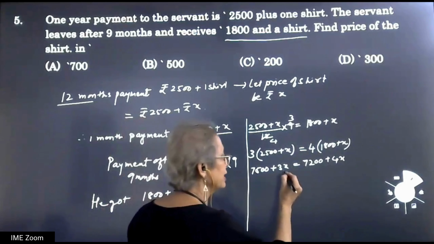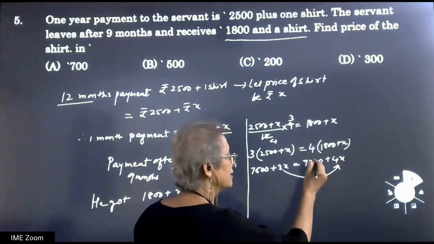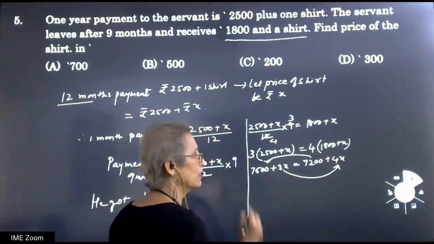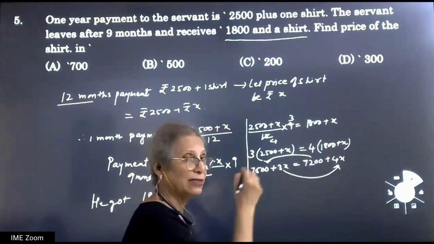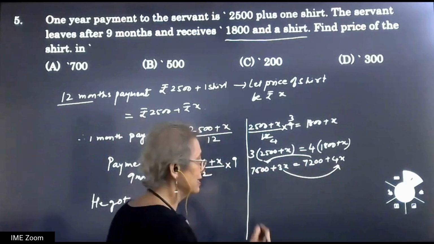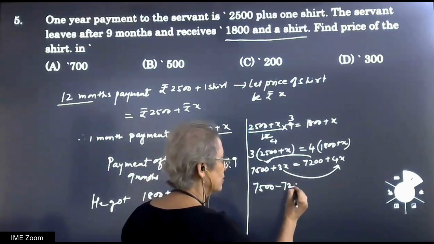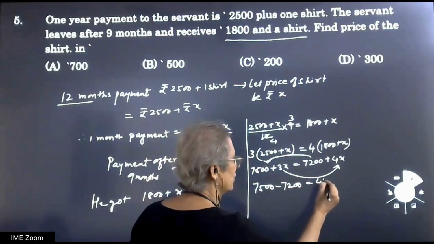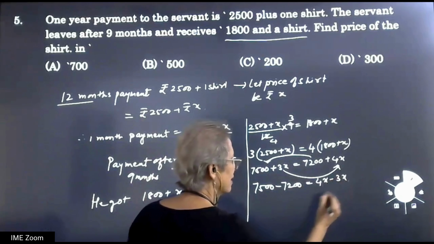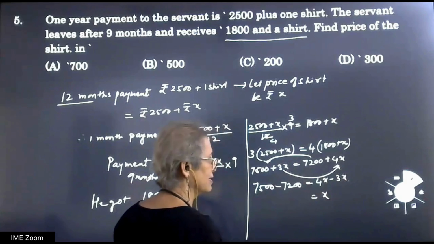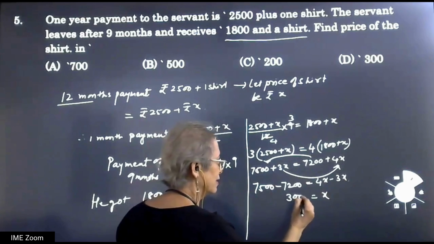So we will take 3x on this side and this 7200 on the other side. Naturally, the function changes, that means the sign changes. So 7500 minus 7200 equal to 4x minus 3x. And 4x minus 3x is x, and here we'll get 300.